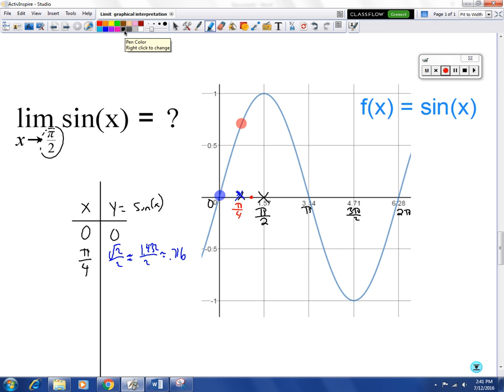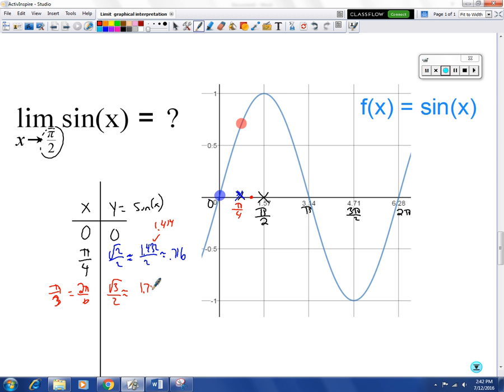Okay, so let's get closer still to pi over 2. Let's do pi over 6's. Pi over 2 is 3 pi over 6. Let's do 2 pi over 6, and that's really the same as pi over 3. If you remember the unit circle, at that point the sine is square root of 3 over 2. The square root of 3 is about 1.732.